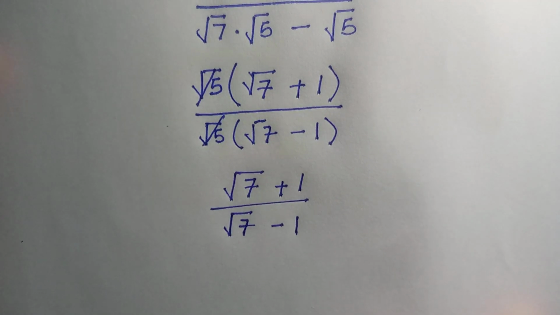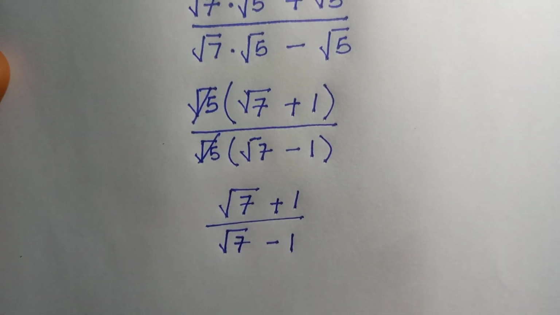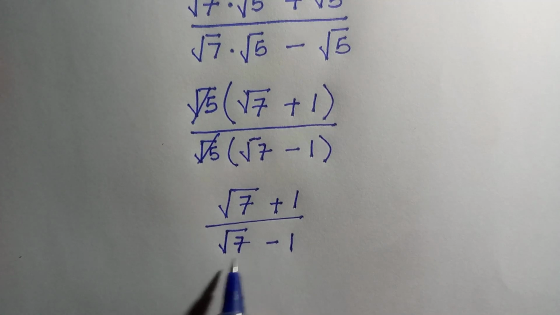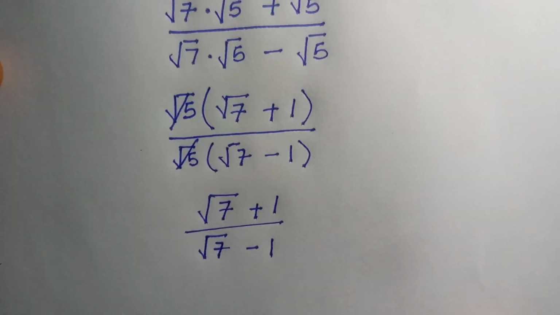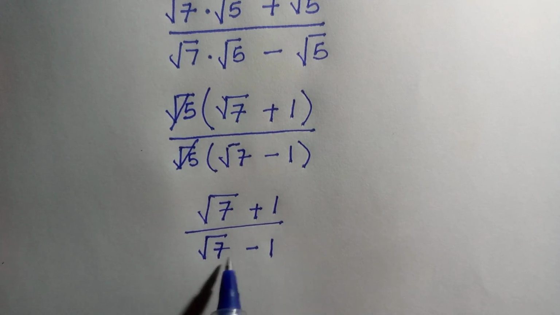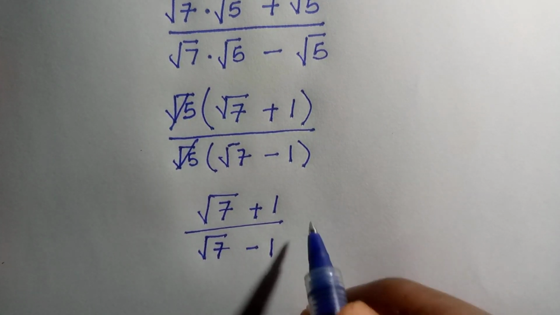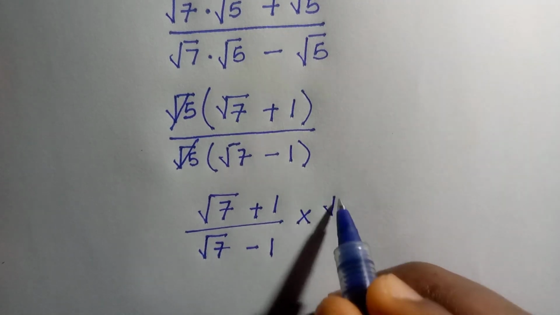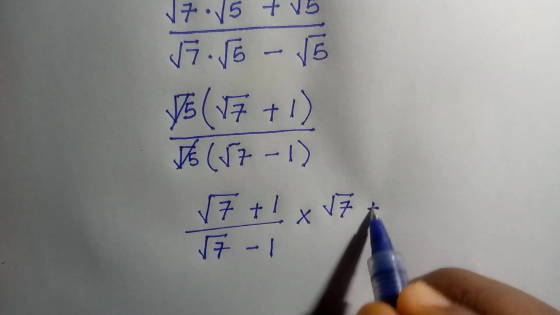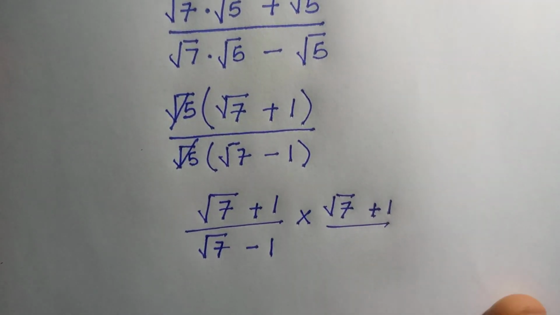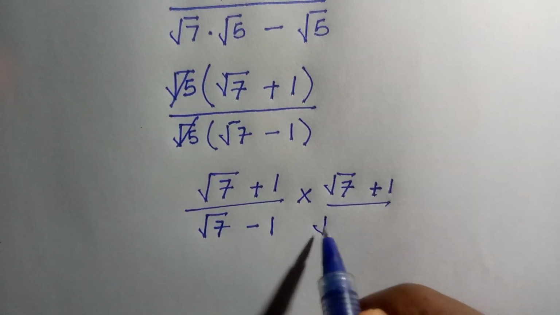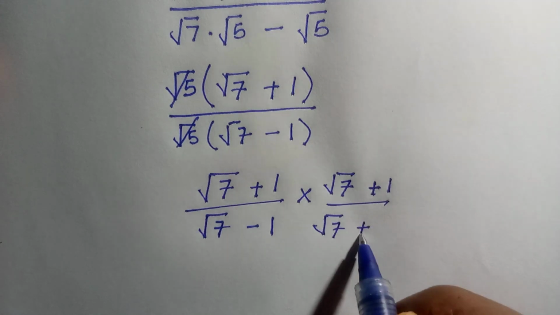So here is what we get, but we have to make sure that there is nothing like a surd at the denominator. So what to do here is we try to rationalize this. We rationalize the denominator by multiplying this one by the square root of 7 plus 1, and also here we have divided by the square root of 7 plus 1.